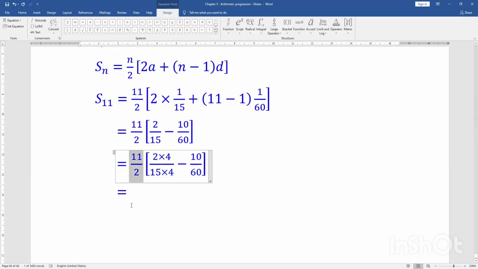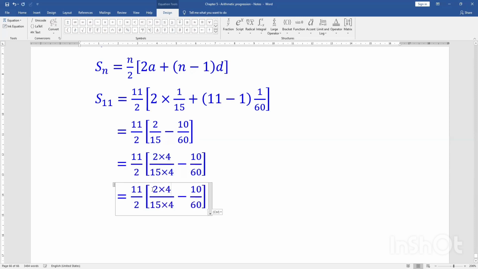Then it's equal to 11 by 2 into bracket close. Then we have 4 twos are 8. So here it should be plus sign.